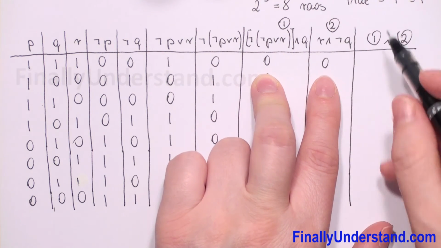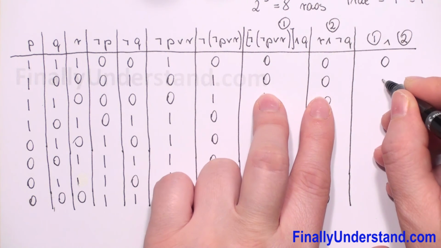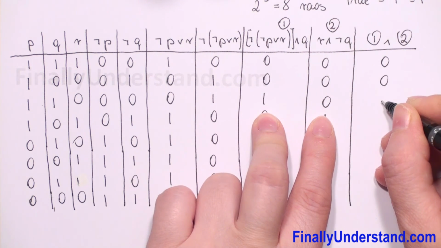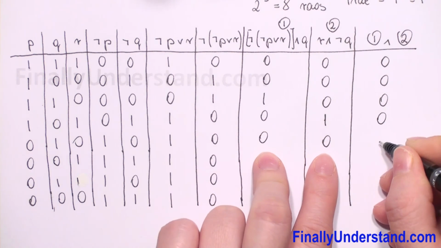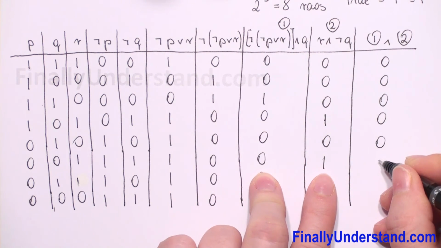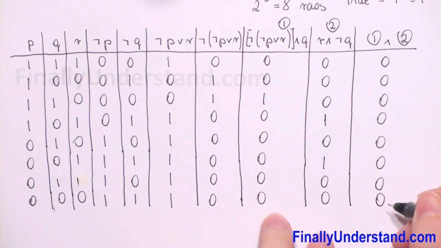We have 0 and 0, so this is 0, 0 and 0, 0, 1 and 0, so this is 0, 0 and 1, so 0, 0 and 0, 0, 0 and 1, 0. 0 and 0, 0 and 0 and 0, so this is 0. So the last column is our truth table for the compound statement. This is my solution.